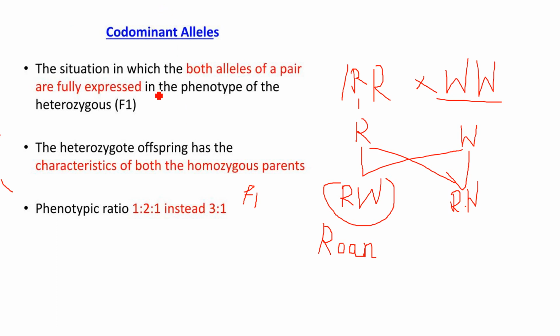Again when we take a cross, after that, we get two gametes, R and W. Similarly here we got two gametes, R and W. After the crossing, we got the progeny in the F2 generation.